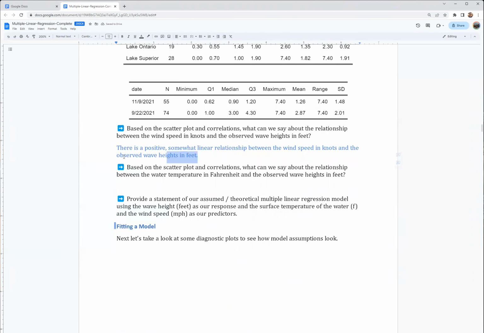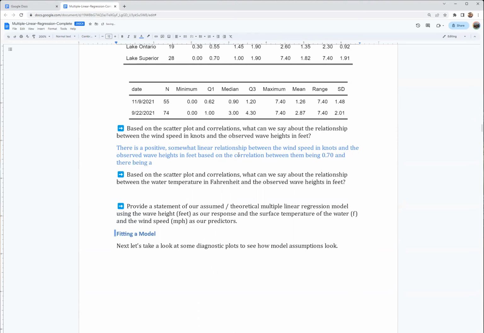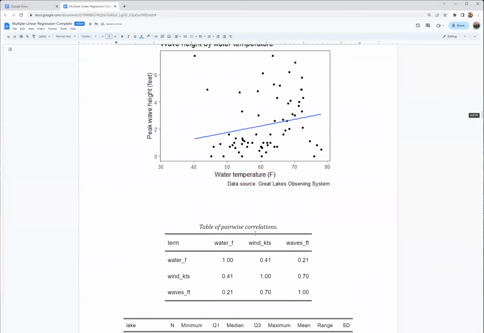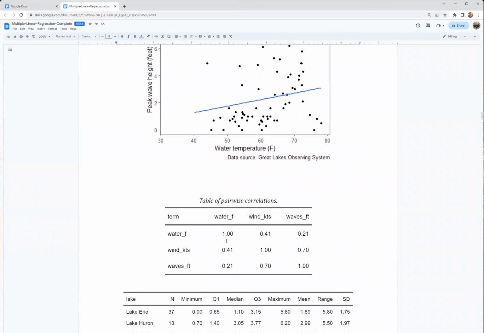So what about water temperature? For water temperature, there was a correlation between temperature and wave heights that wasn't 0.7. It was 0.21.